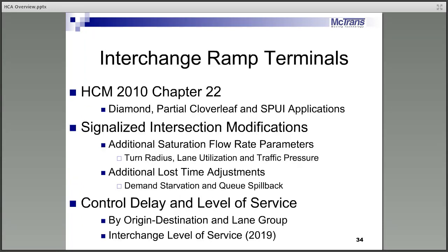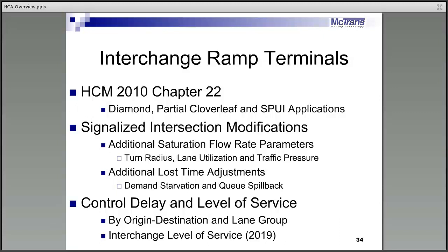Interchange ramp terminals came in 2010 to model the effects of these two signals that sort of know each other, primarily looking at lane utilization, how traffic picks a lane at one signal because of what they're going to do to get on the freeway at the next signal. Traffic pressure, where saturation flow actually increases as more cars show up because people get more anxious and the headways go down.